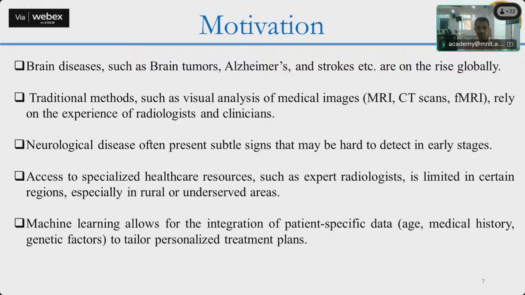Neurological disease often presents subtle signs that may be hard to detect in early stages. Access to specialized healthcare resources and expert radiologists is limited in certain regions, especially tier 2 and tier 3 cities. Machine learning allows for the integration of patient-specific data to tailor personalized treatment plans.